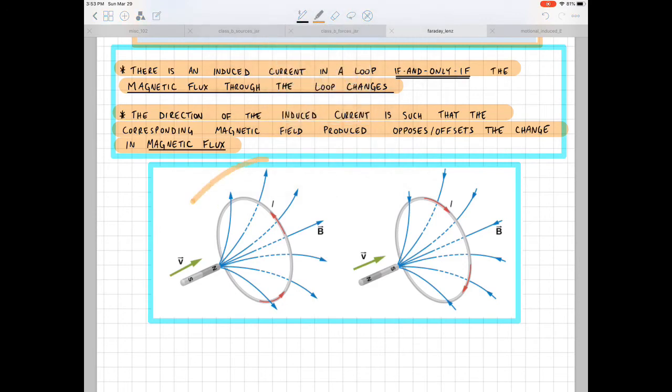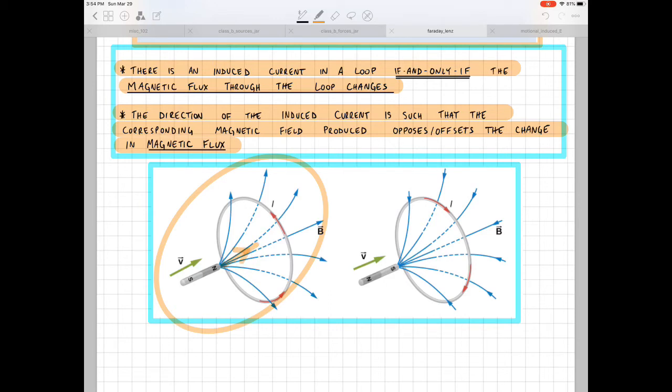So in the left picture, I have a bar magnet, and the bar magnet is moving towards the loop. And so the magnetic flux through that loop is actually increasing. The B field is getting stronger. The area, of course, of the loop is not increasing or decreasing, but the strength of the B field is. And so that B field is pointing in that direction, essentially.